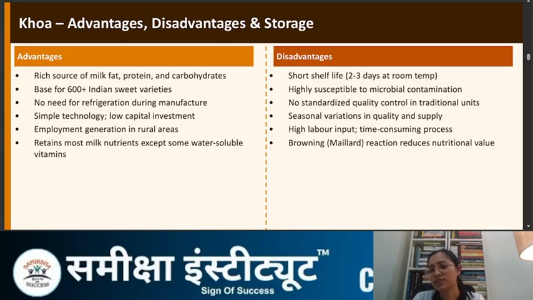Then no standardized quality control is being done in the traditional units. Why is that so? Because traditionally hygienic practices are not being followed. Since we are not that much concerned with the hygienic practices, it has a very high chance of being contaminated, because most of our products are being produced in the unorganized supply chain.